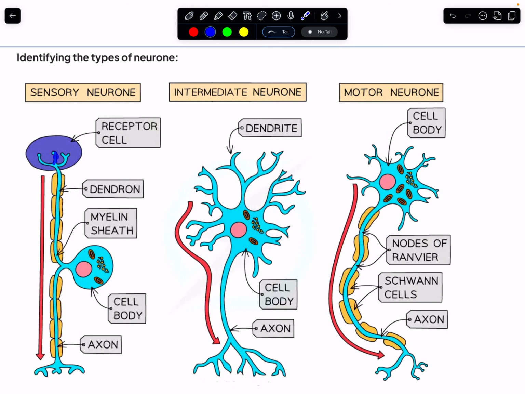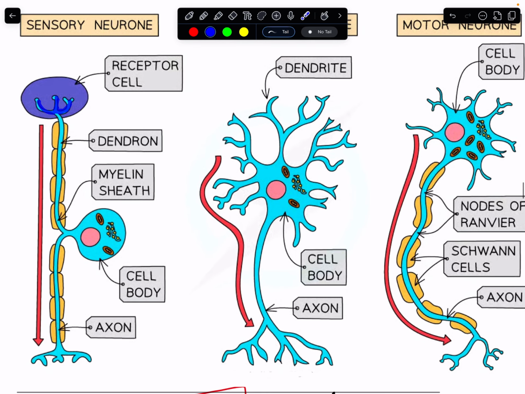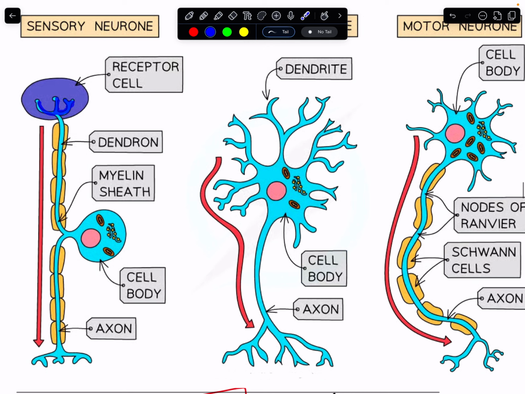Now, here you see these small projections that I'm showing you at the moment. If I zoom in more, you see these are the dendrites. From the dendrites, information is conveyed to this part, which is a long extension, and this is what we refer to as a dendron, we say.